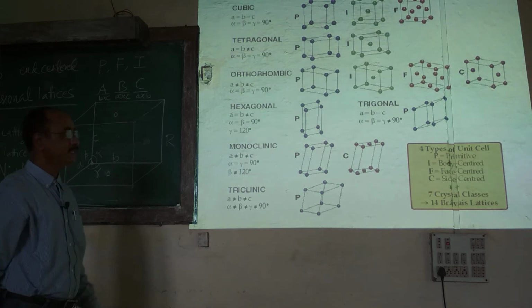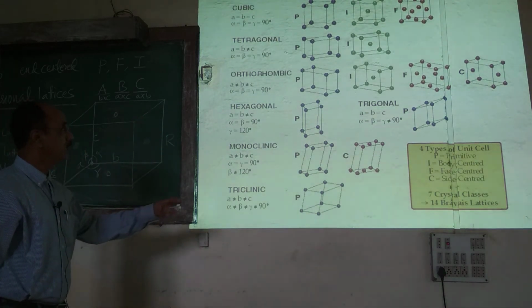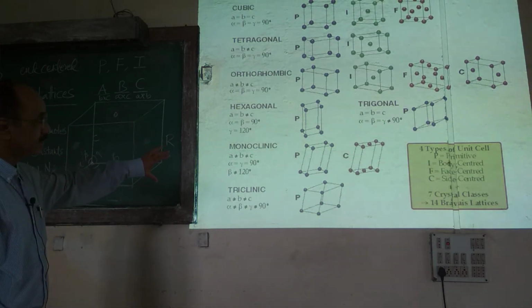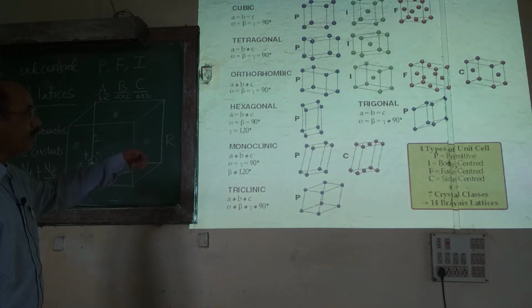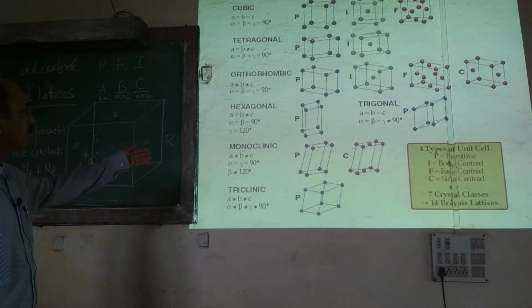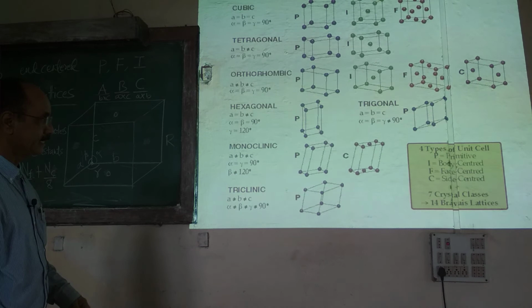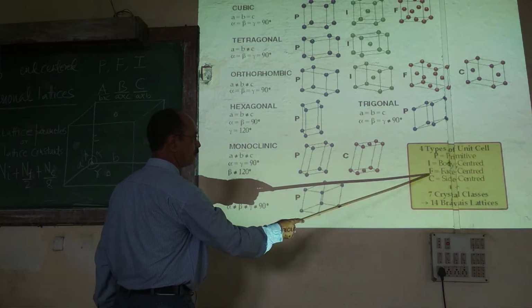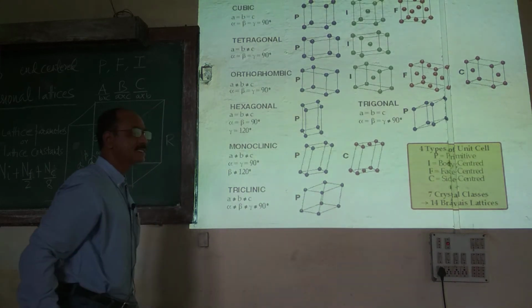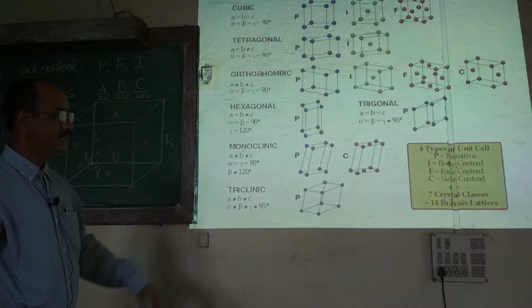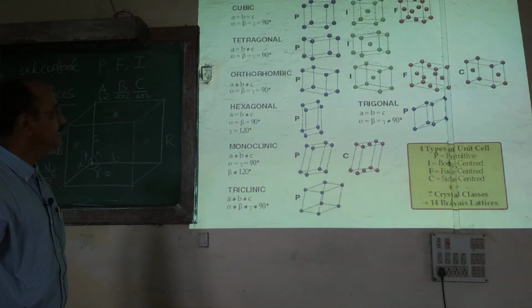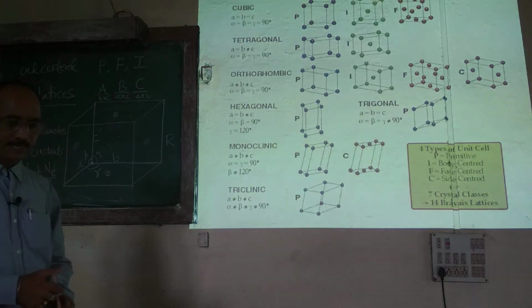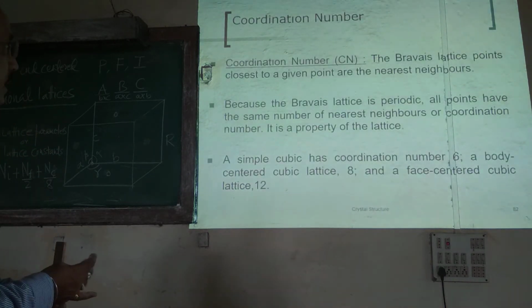Isn't it? So these are the seven crystal systems and 14 Bravais lattices. Here P for primitive, I for body centered, F for face centered, C for side centered or end centered. It is also called end centered cell. Isn't it?